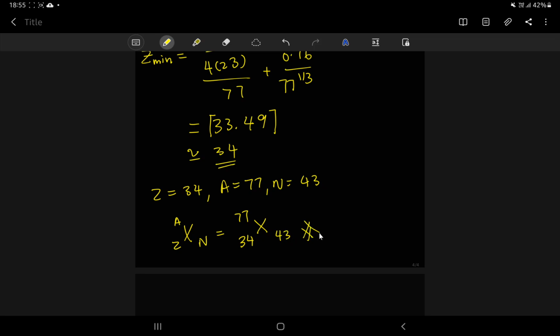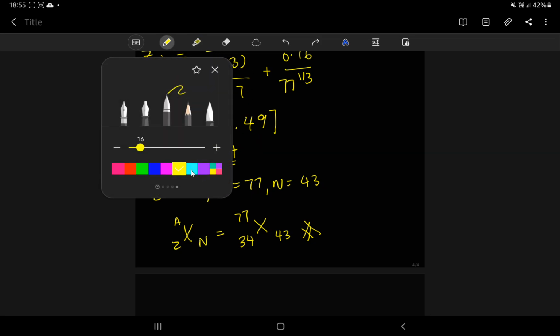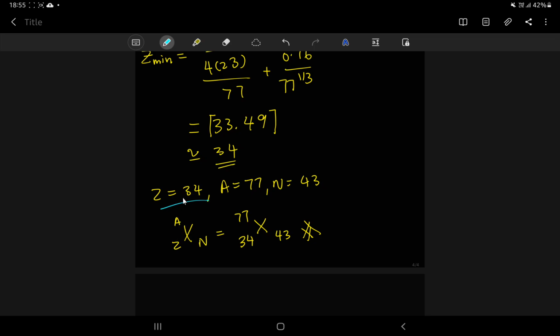This is the stable isobar of the atom, for example X. If you look at the periodic table, you will see that the value of Z for the given A equals 77 is close to this value. It is either 33, 34 or 35, so you can check the periodic table.